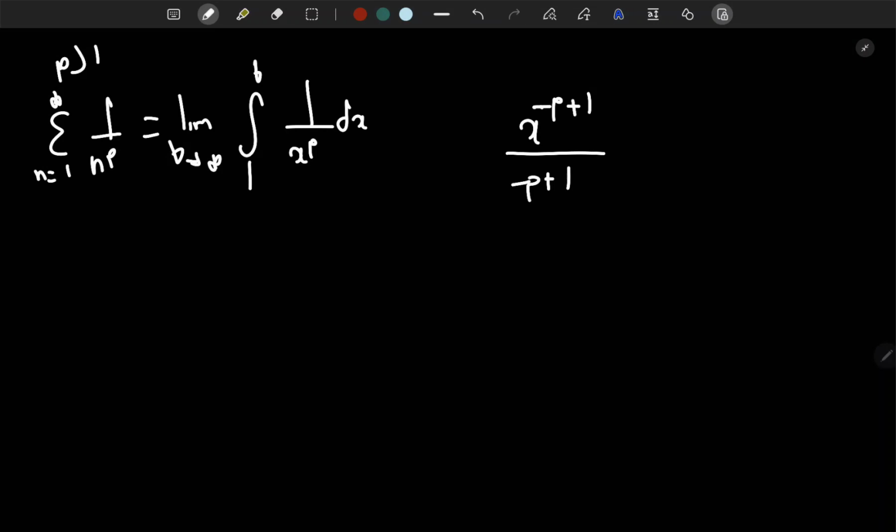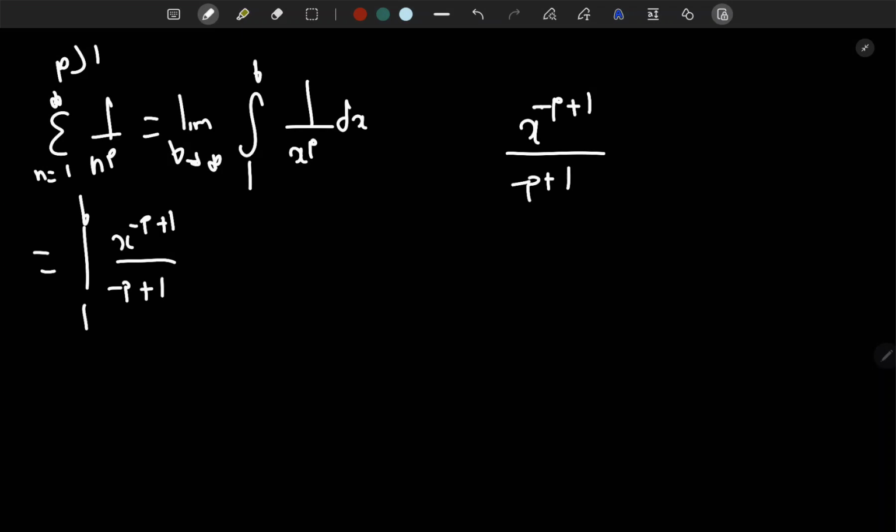So now let's write this below here. I'm not going to repeat writing the limit, so it's going to be from 1 to b of x to the power of negative p plus 1 over negative p plus 1.